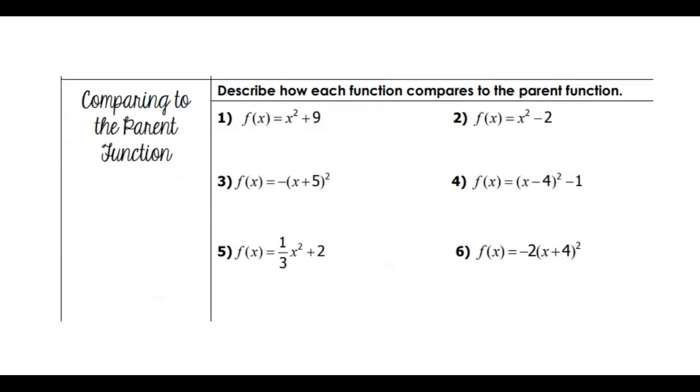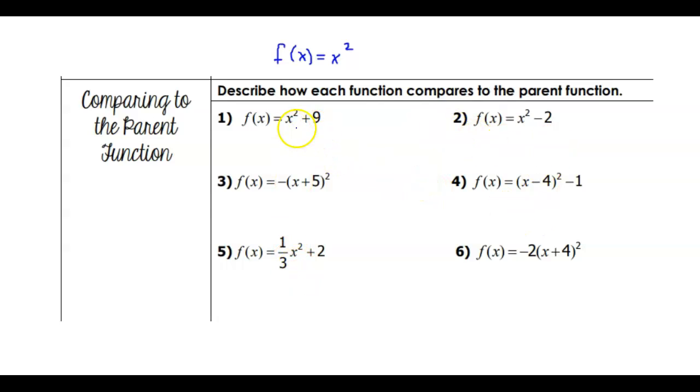Okay, let's do some quick review on our transformations. Remember, the parent function of a quadratic is f of x equals x squared. So I want you to take a minute and pause the video, work through 1 through 7, and describe what happens to the graph of x squared as we change the function.